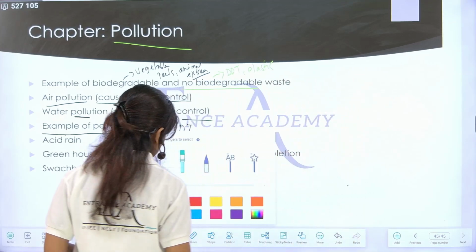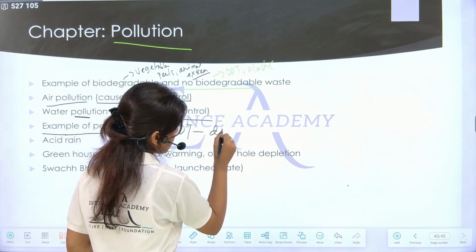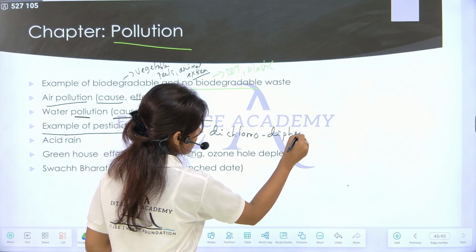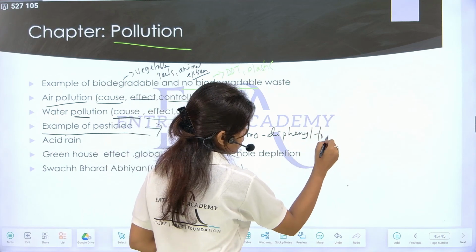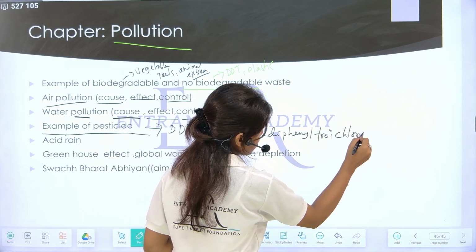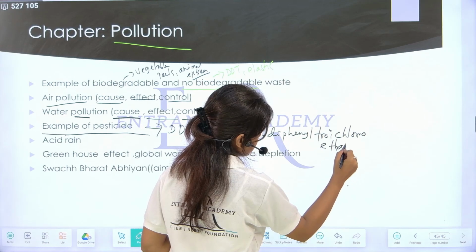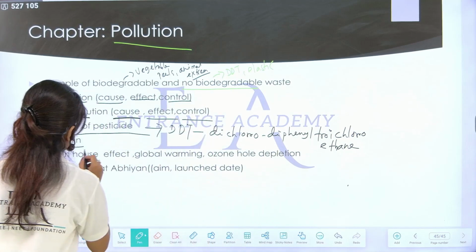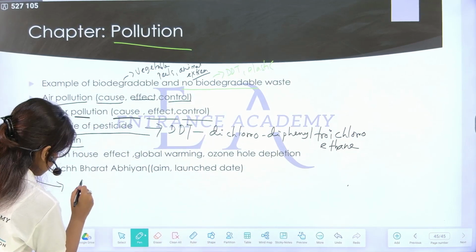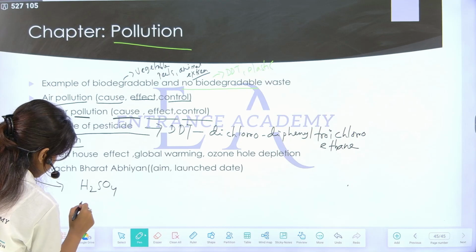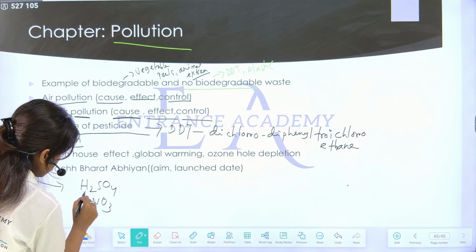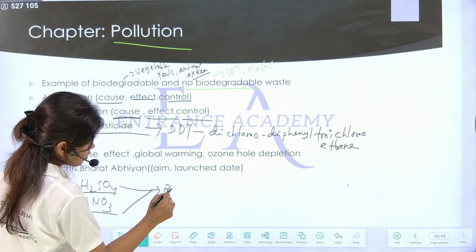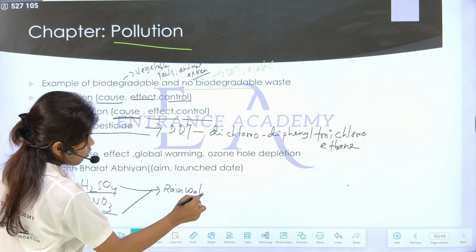The full form of DDT is dichlorodiphenyltrichloroethane. Acid rain: several dangerous acids like H2SO4 or HNO3 combine with rainwater and fall down on soil.